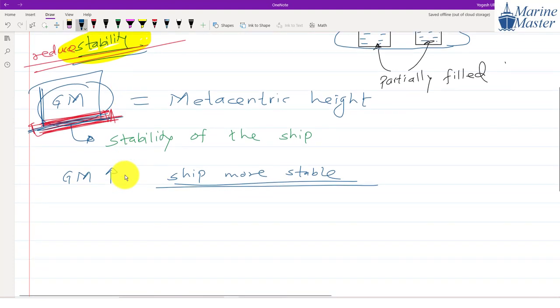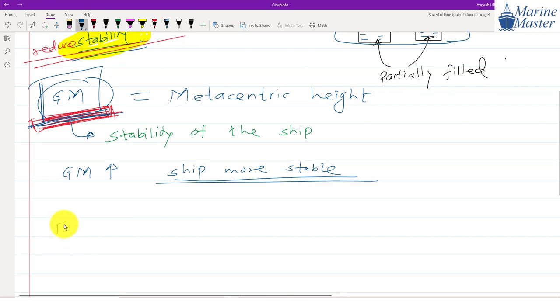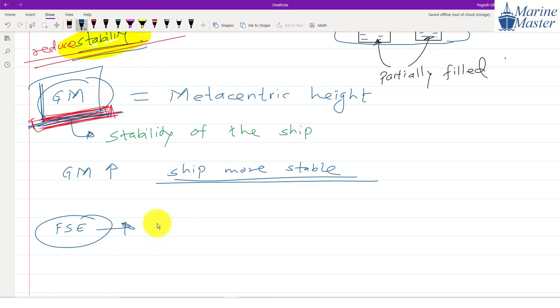Now, what is meant by free surface effect? Free surface effect means, due to free surface, by how much amount the stability of the vessel is reduced.